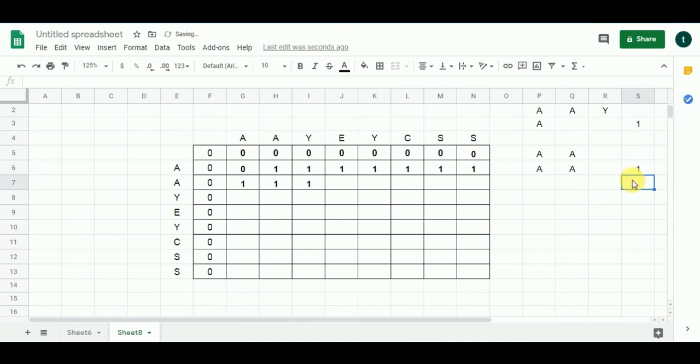Now, the next cell in our question can be formed from these. This actually is the solution of the subproblem A, Y and A, and A. Now, there is no character over here which satisfies our condition. Our condition is that the two characters have to be the same, but their indexes must not match.